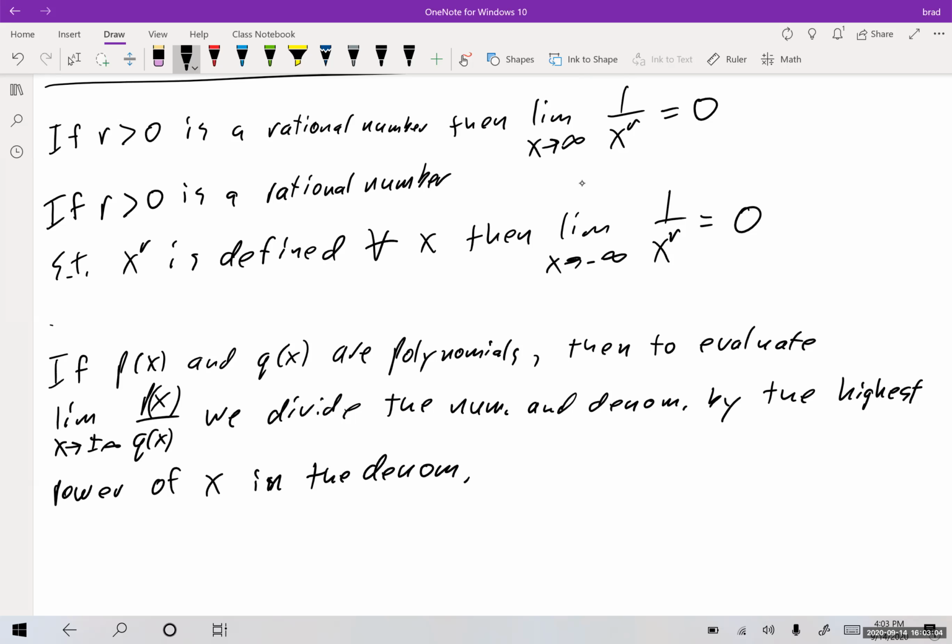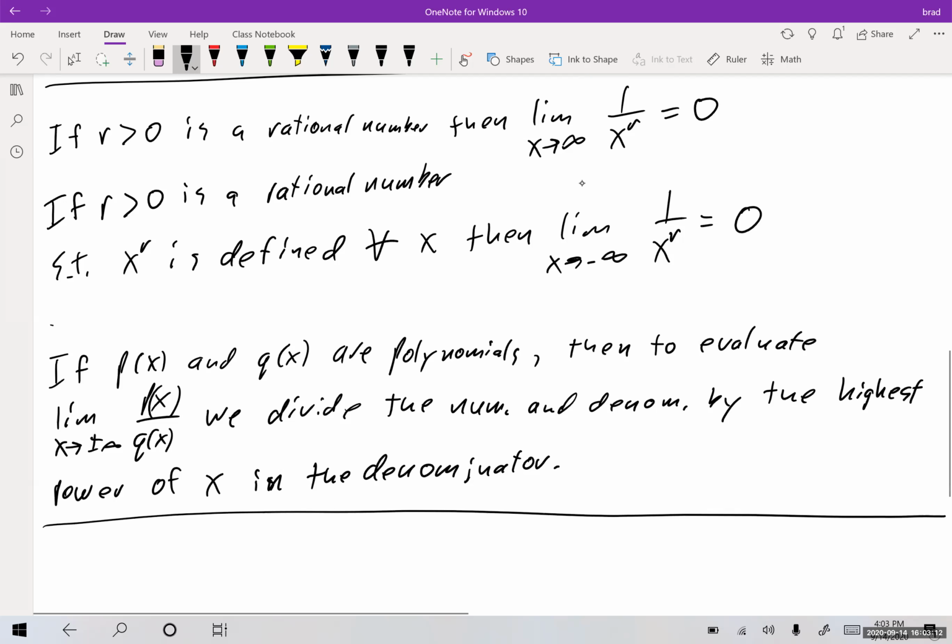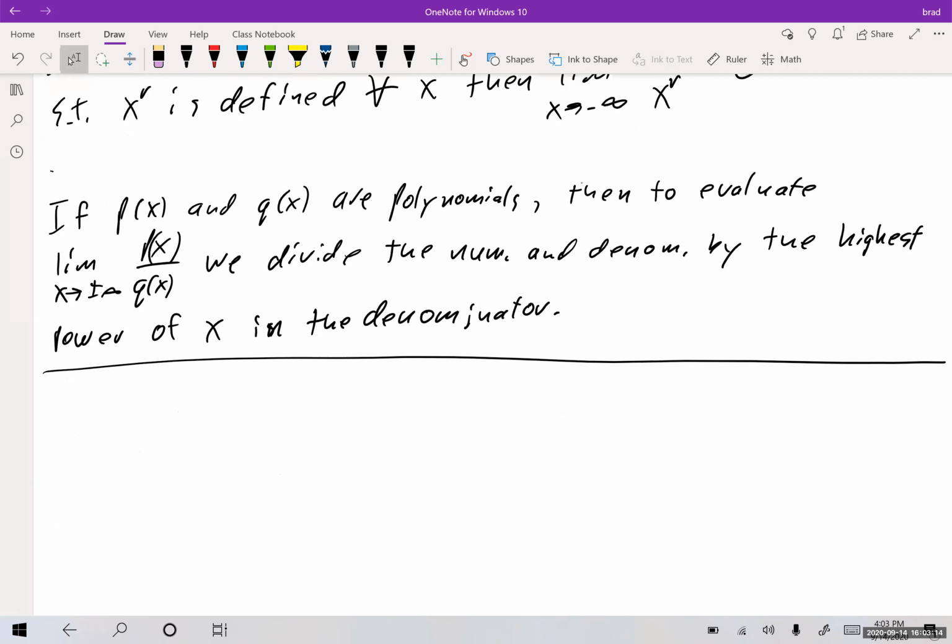This is just what we did in the previous problem. I just wanted to put it into words. So let's take a look at another one.